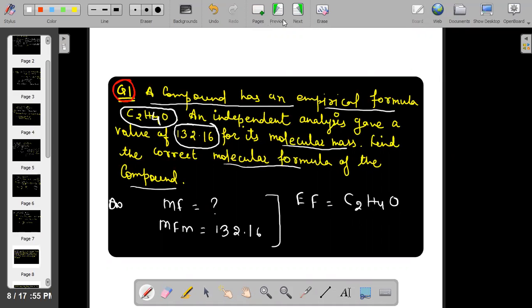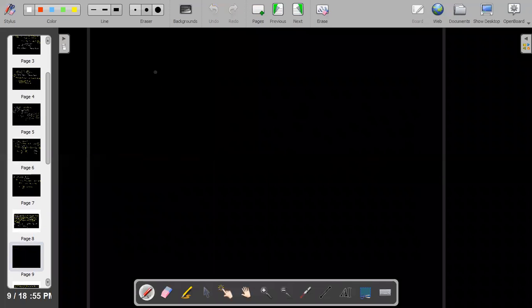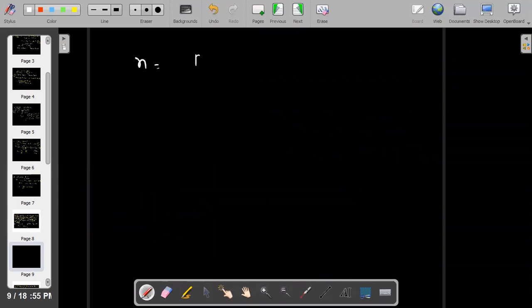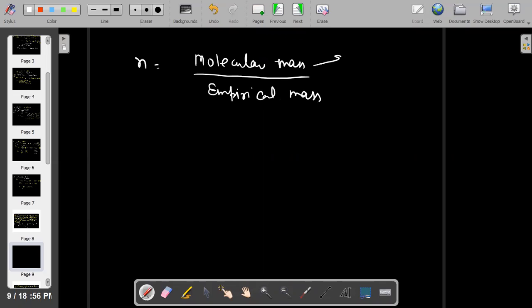We all know that n is equal to molecular formula mass upon empirical mass. Molecular mass we have been given, 132.16, but we don't have the empirical mass.